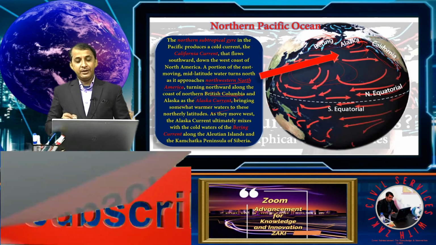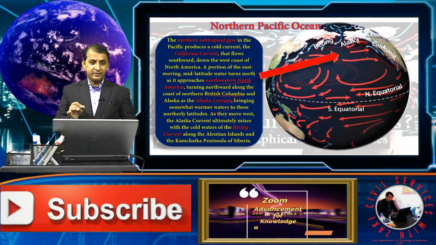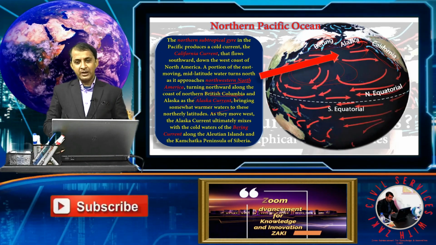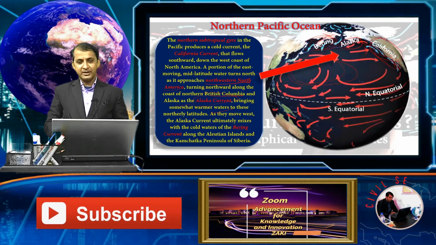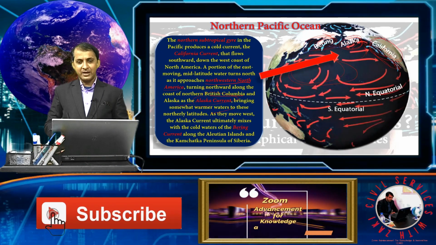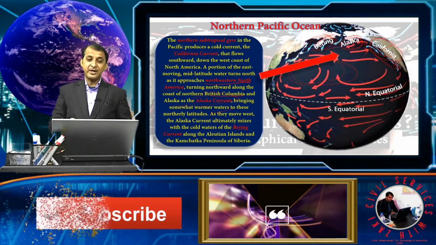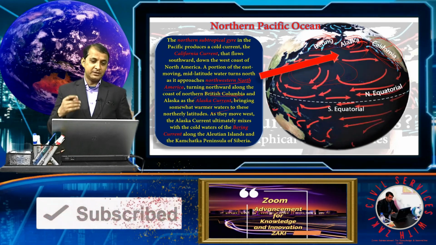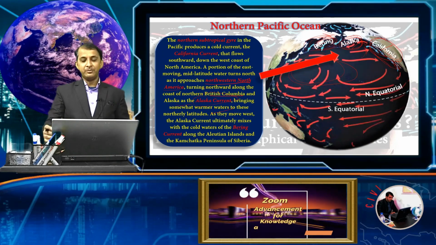So in the northern Pacific region, the California current is a major cold current, the Alaska current is a warm current, and the Bering current is a cold current. So these are the currents of the northern Pacific Ocean.